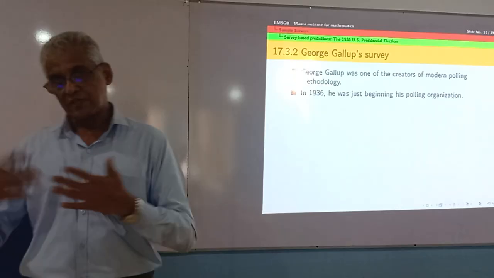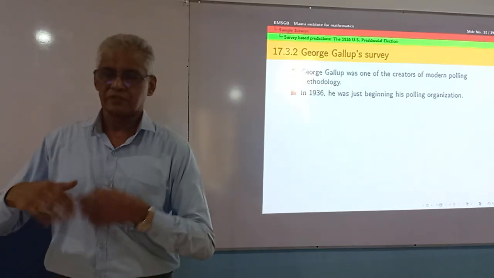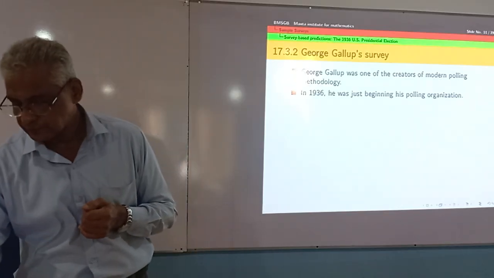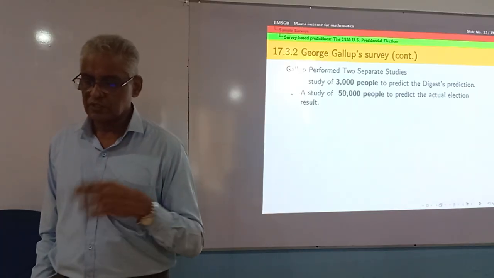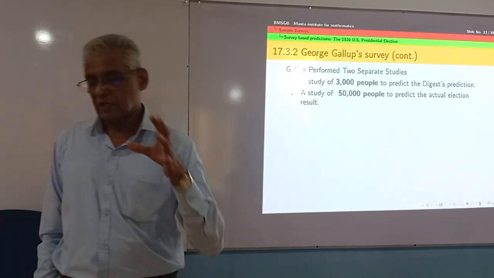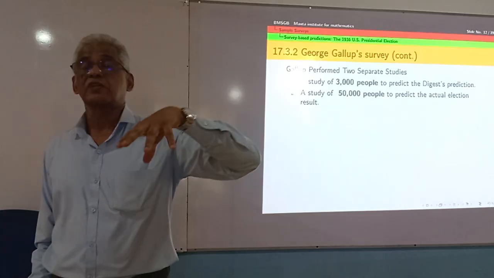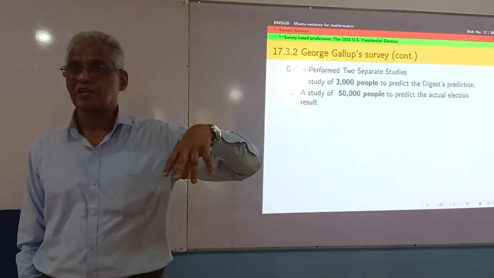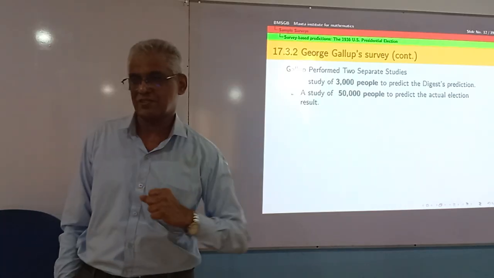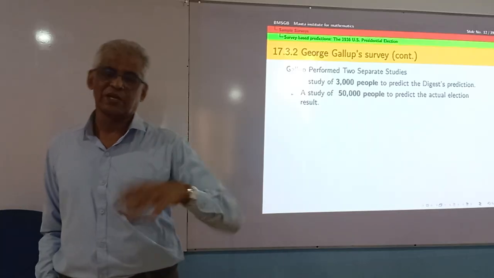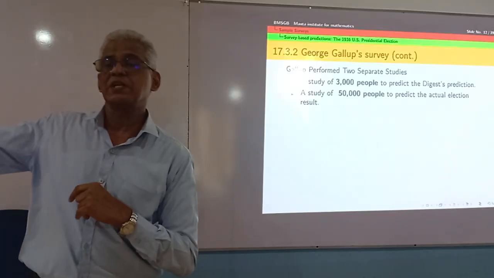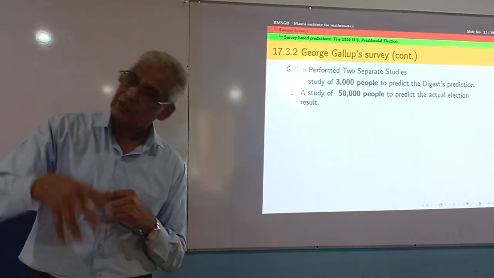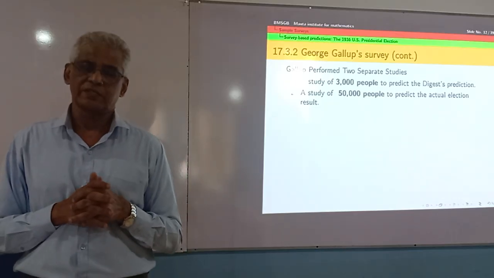In both, he used random sampling methods. In the first one, he used only 3,000 people to predict the Literary Digest prediction. He wanted to predict what the Literary Digest prediction would be before they predicted it.